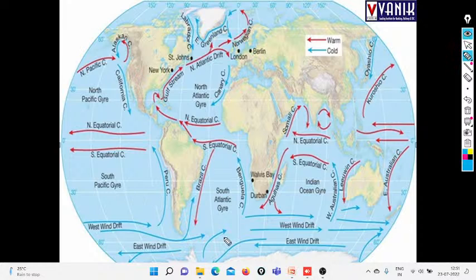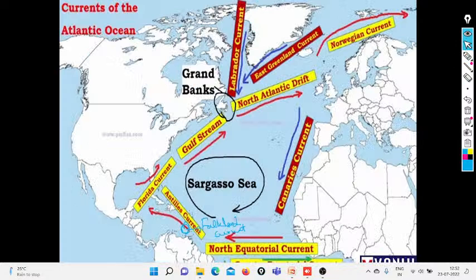This is your Falkland current, and if we look at it by nature, it is a cold current.